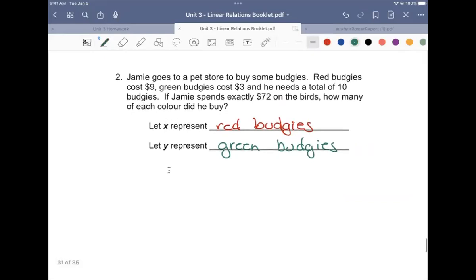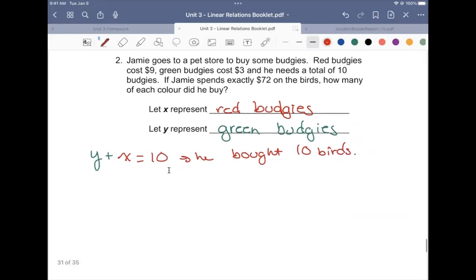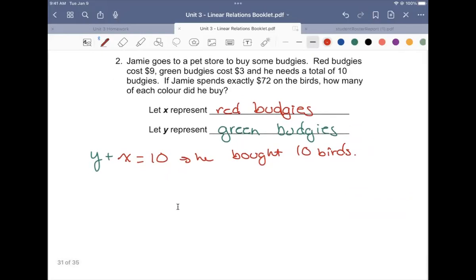So we know that Y plus X is equal to 10 because he bought 10 birds. Terrifying amount of birds, but we'll go with it. If I rearrange this, I will get Y is equal to 10 minus X. This is where standard form can come in handy.